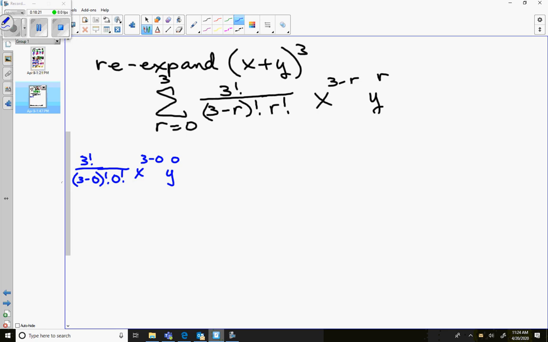That's the first time through the loop when r is 0. Plus, now r is going to be 1. So now I get 3 factorial over 3 minus 1 factorial, 1 factorial, x to the 3 minus 1, y to the 1.